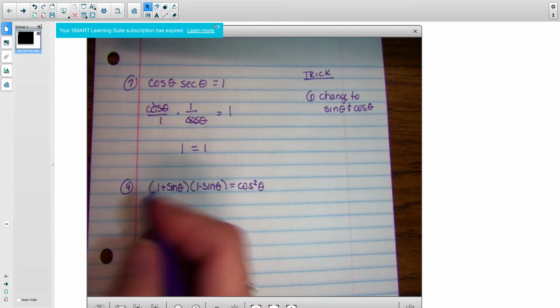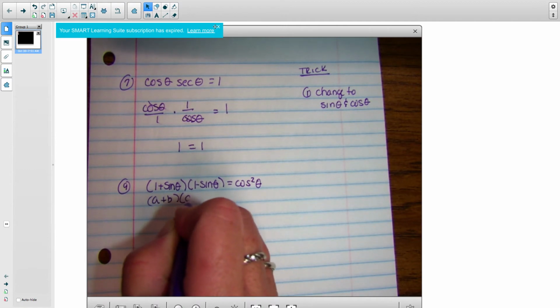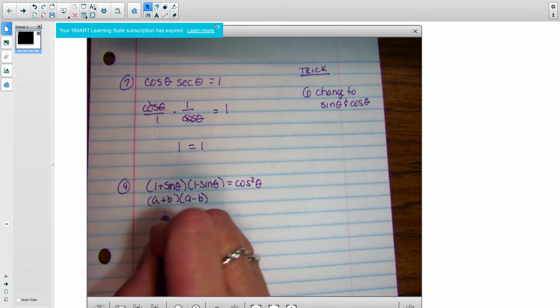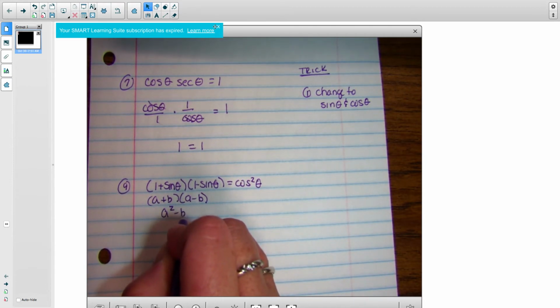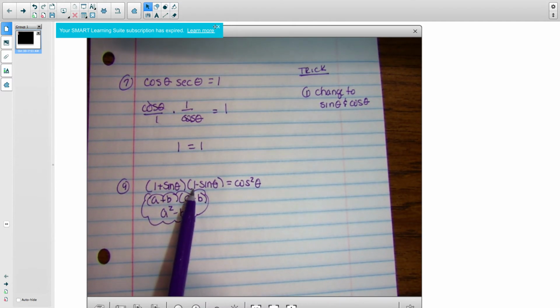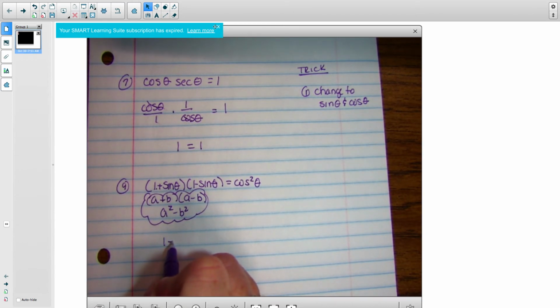This is the same as a plus b times a minus b from algebra, which gives a squared minus b squared. You will use that a lot. So 1 plus sine and 1 minus sine: square the 1, you get 1. Square the sine, you get sine squared.